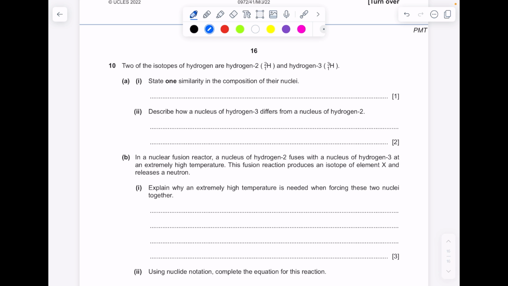So I've just skipped past a logic question because that's no longer on the specification.